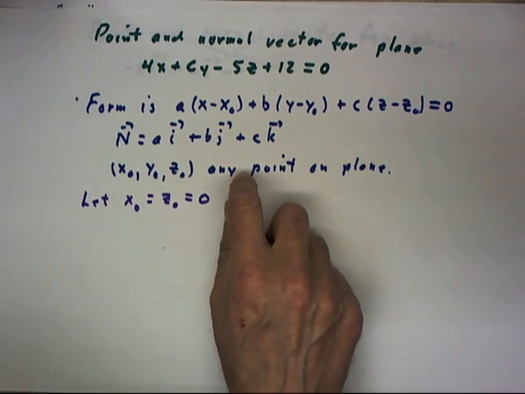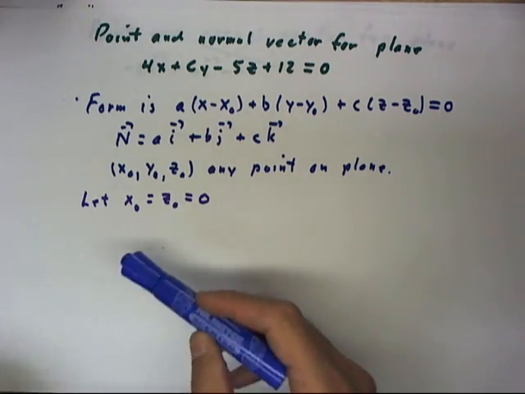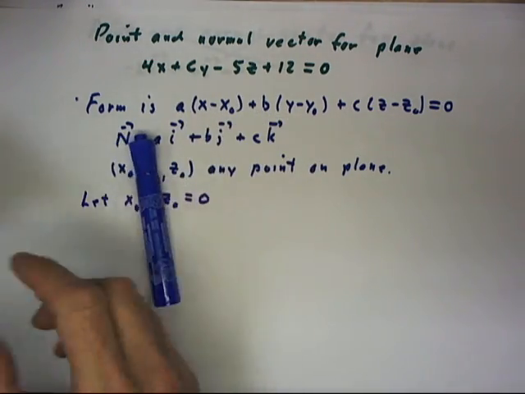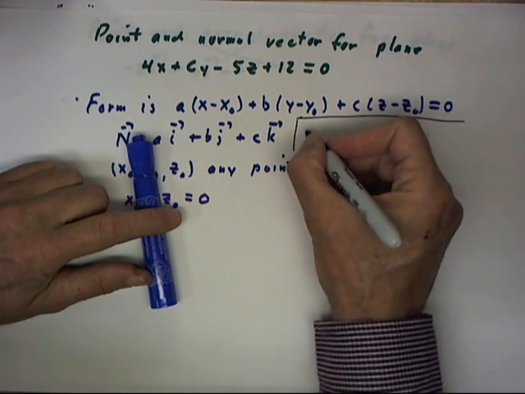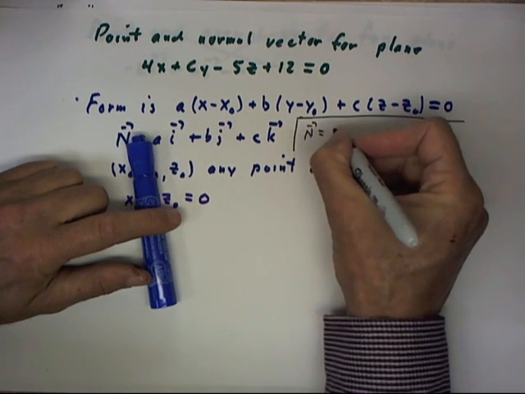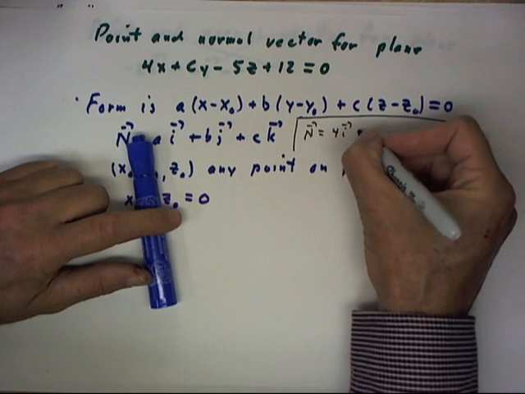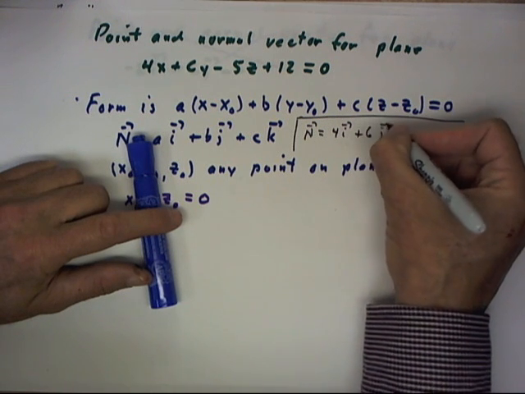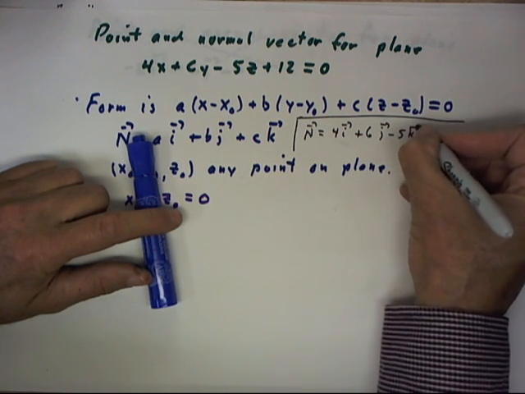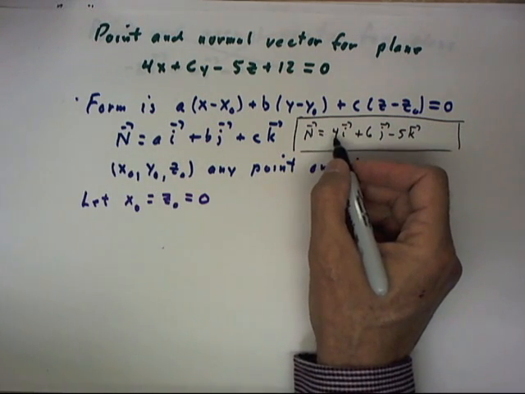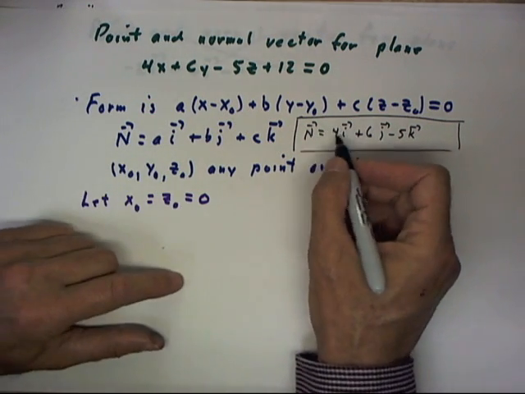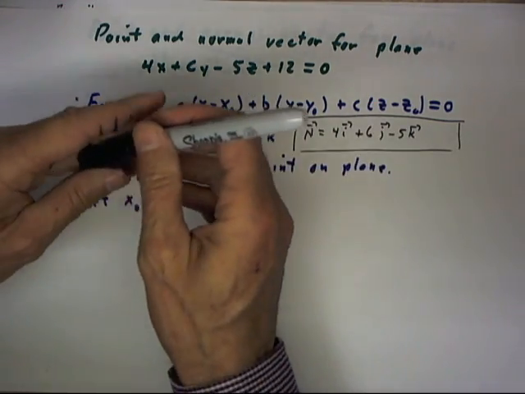So one thing we can see for sure is that our normal vector is 4i plus 6j minus 5k, meaning again that any vector between any 2 points of the plane has to be perpendicular to this normal vector.